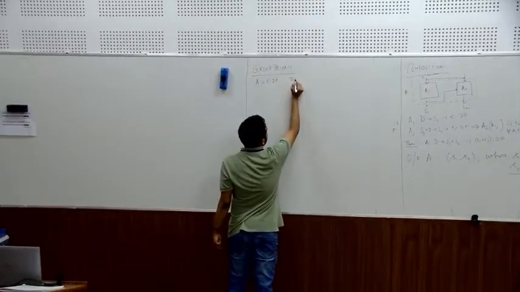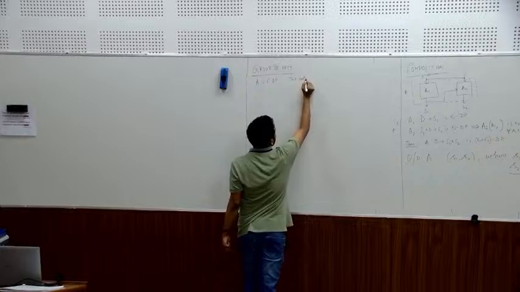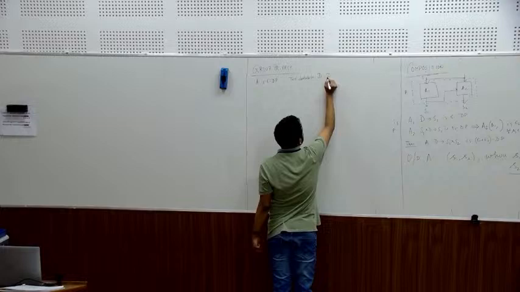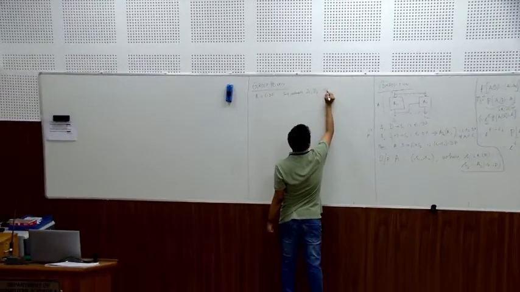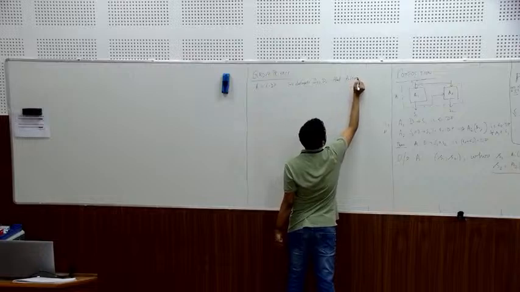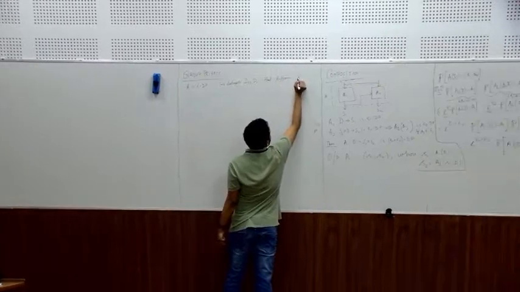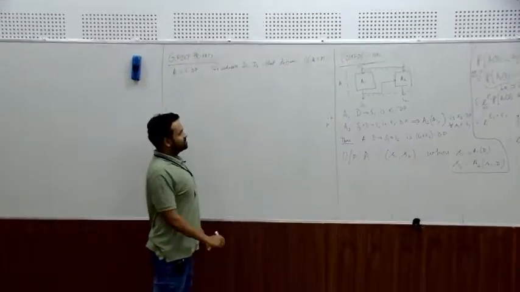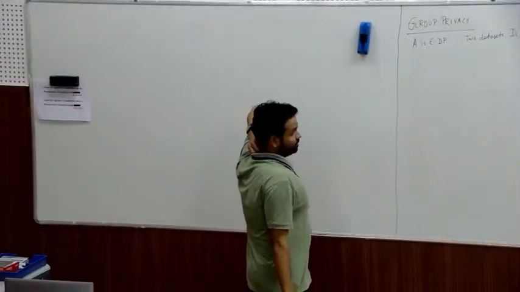Consider two data sets D1 and D2 that differ in k entries, where k is greater than or equal to 1 and less than or equal to n.